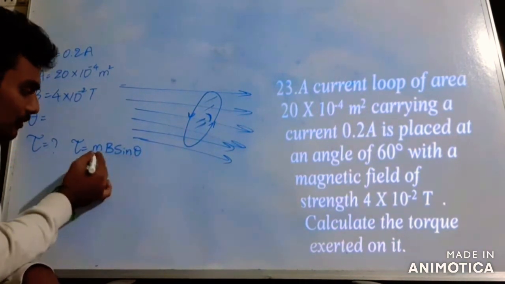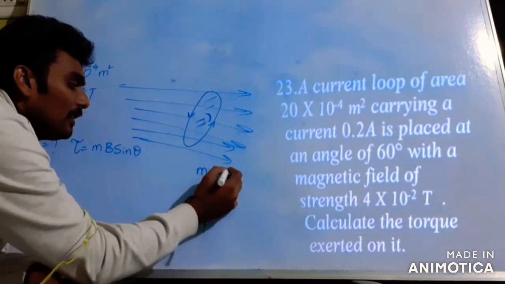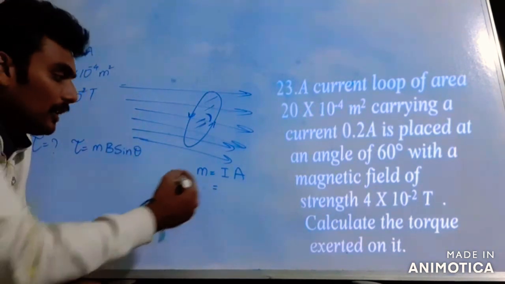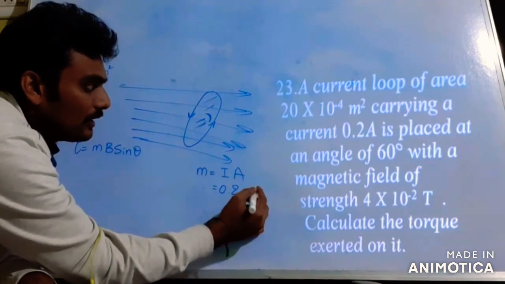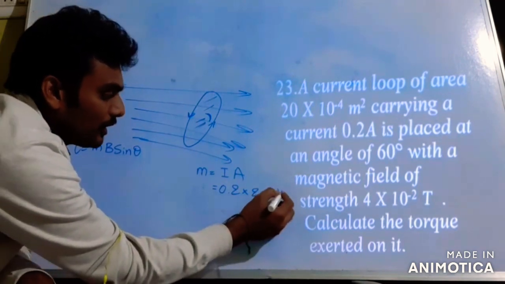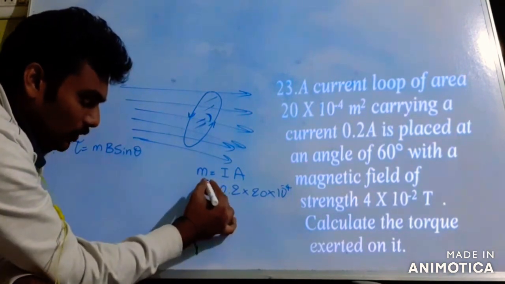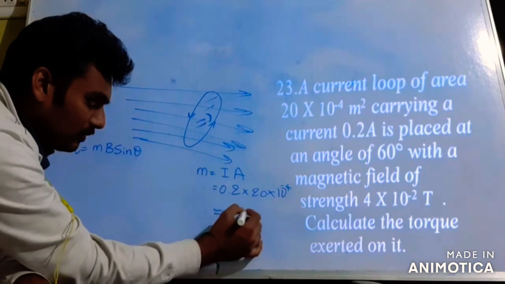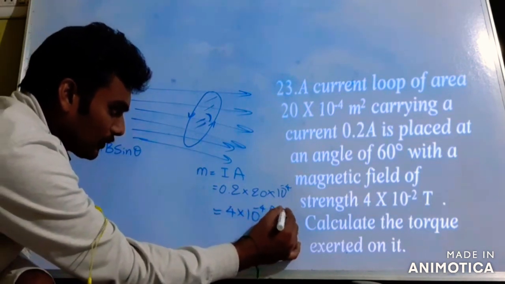So theta is the angle between m and B. What is m? m is I into A, current into area. Current is 0.2 into area 20 into 10 to the power of minus 4. So magnitude of magnetic dipole moment will be 4 into 10 to the power of minus 4 ampere meter squared.